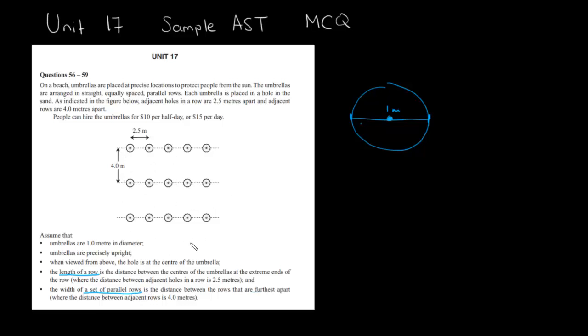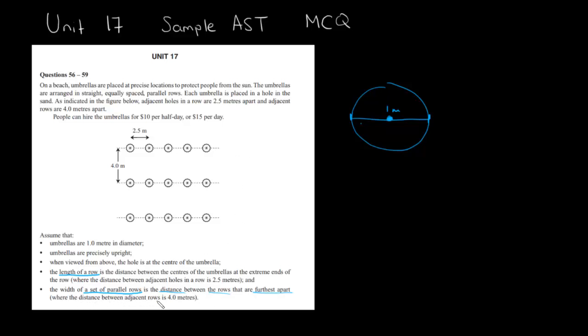It could be 3 rows or 4 rows or 5 rows. The width is the width of the entire thing, the distance between the rows that are furthest apart. So in this case, the width should be from there to there. If you have 4 rows, it'll be the distance from the first row to the 4th row.